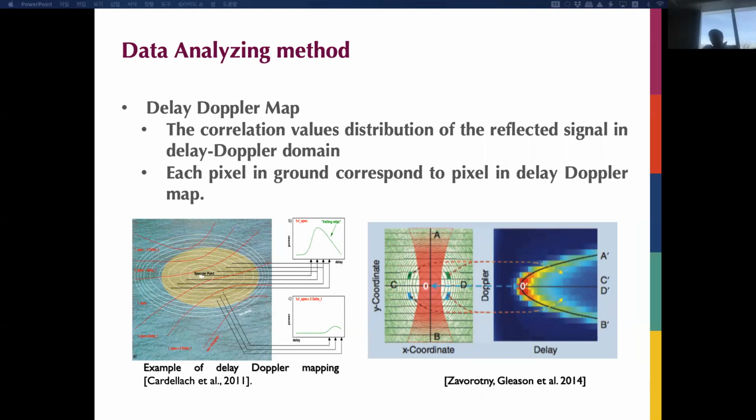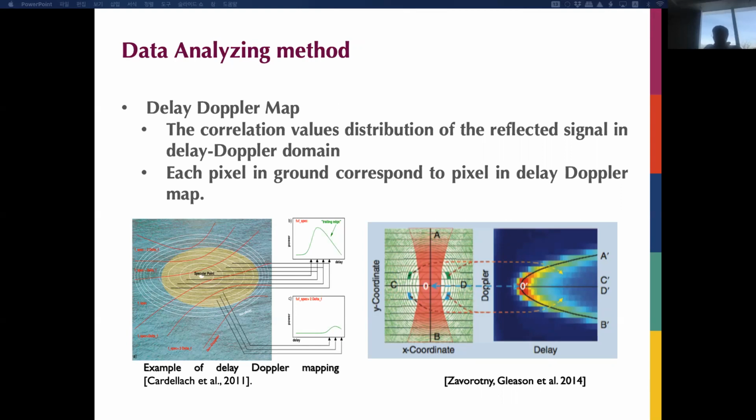On the left-hand side of the figure is the structure of this phenomenon. The white dot in the middle of the figure is the specular point, the point where the incidence angle is the same as the reflected angle.